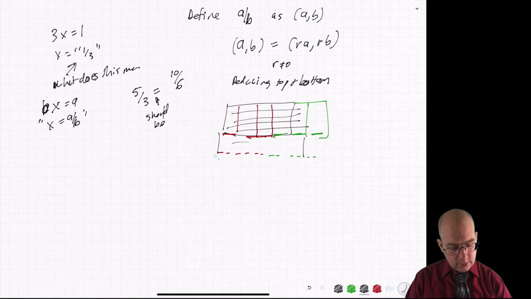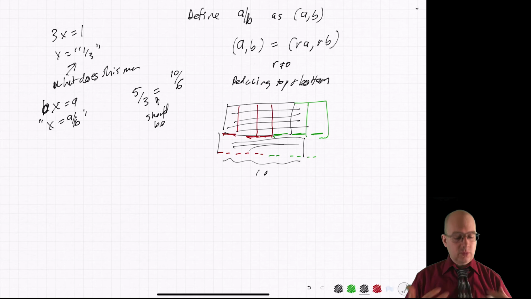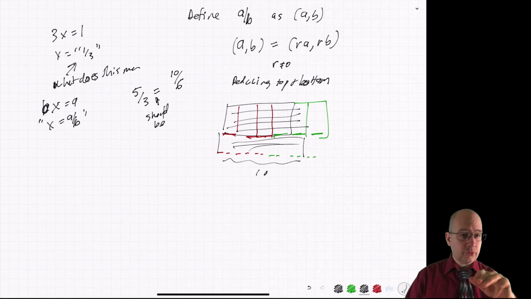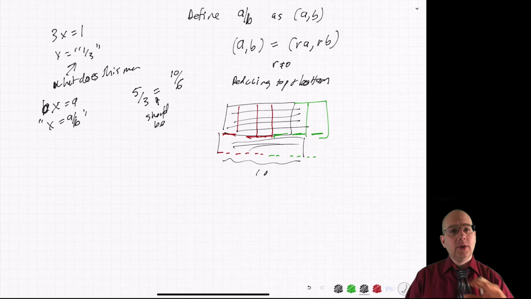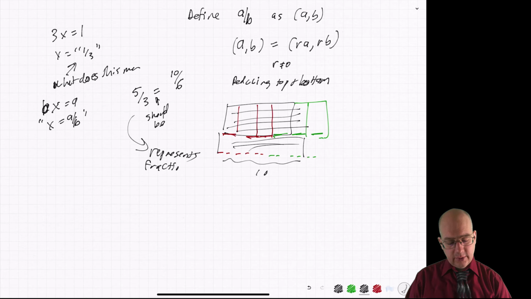I'm going to count this, and this is 10, right? So it is different. Instead of dividing this thing into groups of 3, I'm dividing them into groups of 6. But the total area represents sort of fractional area, you might say.